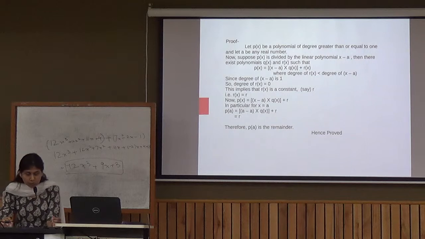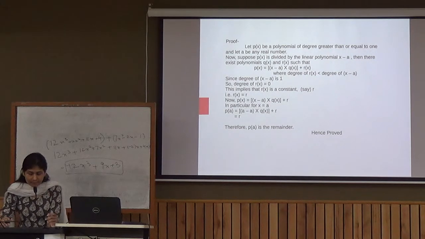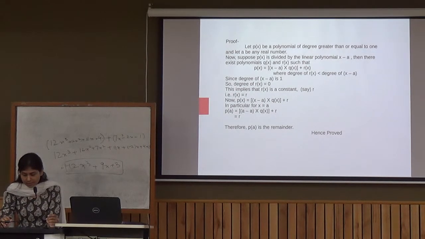Let us understand the proof of this remainder theorem, which is easy. Let p(x) be any polynomial of degree greater than or equal to 1, and let a be any real number. Now, suppose p(x) is divided by the linear polynomial x minus a.